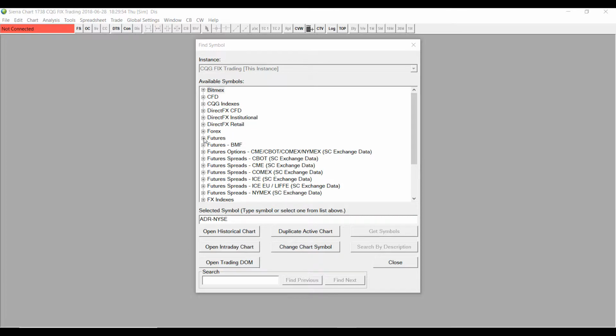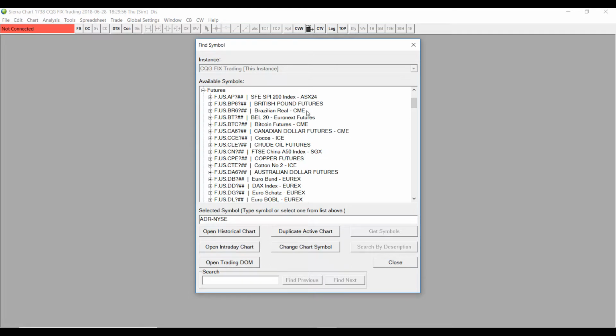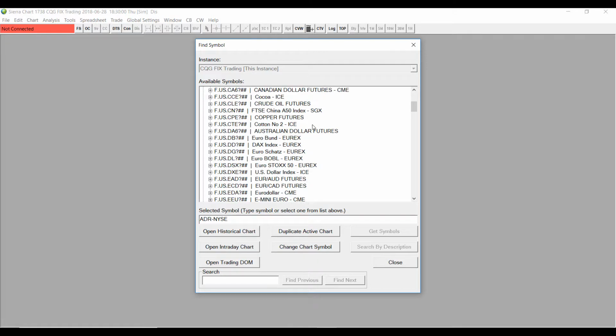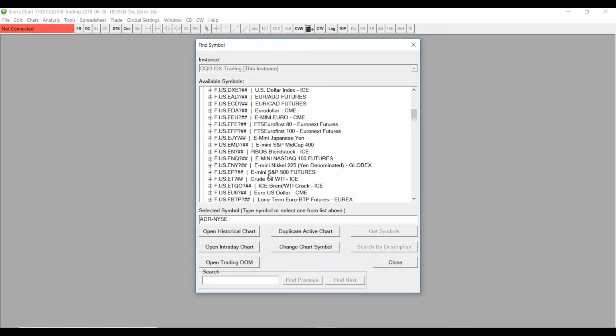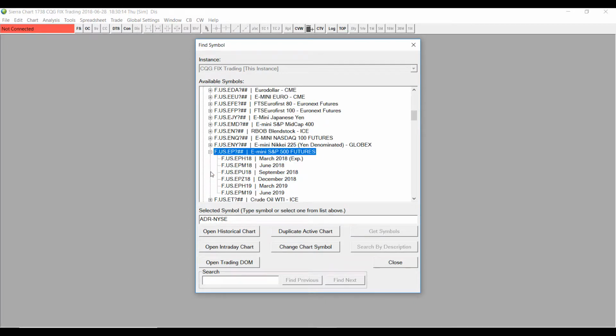If we expand this open, you'll notice we have all the typical futures contracts that we expect to find in a trading platform. A big one that we typically are asked for is the E-mini S&P 500 future, which you'll notice is right here. And if we click on a contract and then expand it once more, we will get the exact contract or the symbol name.